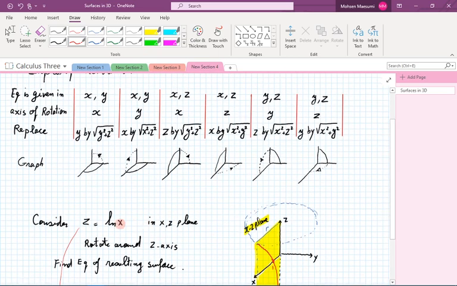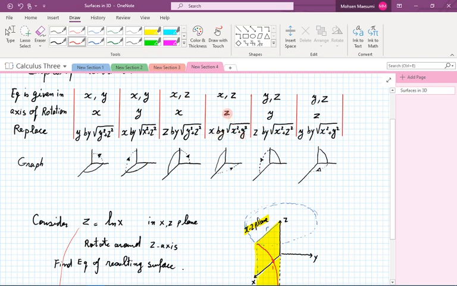So we have an equation that is in the xz plane. Here's the xz plane. I have two of them actually. I can take my picture and rotate it around either the x-axis or the z-axis. Either of these two possibilities is there. And then one of these variables is going to be replaced by the square root of that variable and another one.